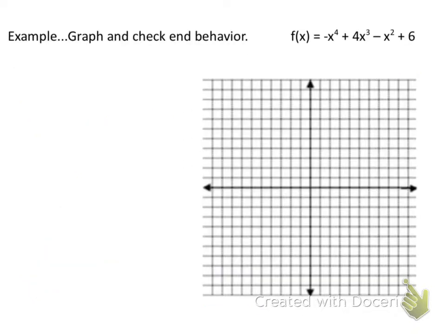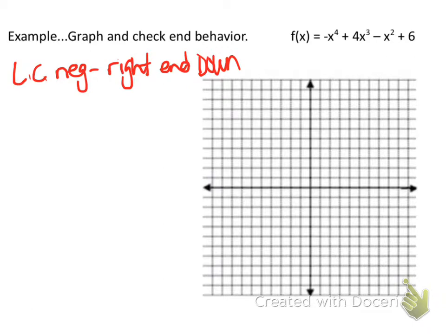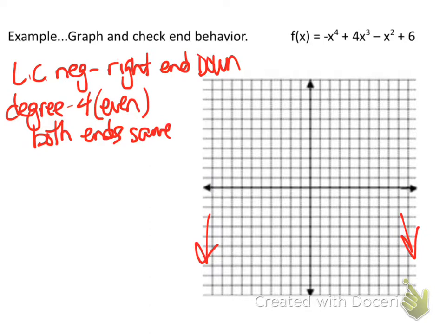So how can the end behavior help you graph a function? We could plot all sorts of points, or we can look at the end behavior. My leading coefficient is negative 4, which means that the right end of this graph is going to go down. The degree is 4, which is an even number, which means the left end has to do the same as the right end, so it's also going to go down.